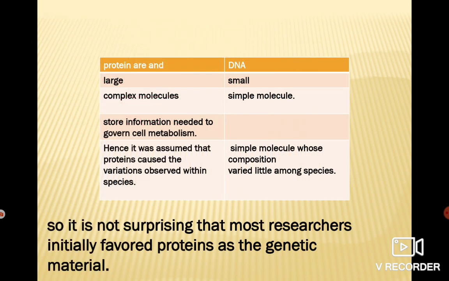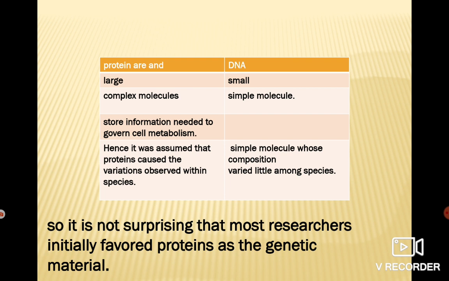See here, proteins are large, complex molecules that store information needed to govern cell metabolism. It was believed at that time. Hence, it was assumed that protein caused the variation observed within the species.